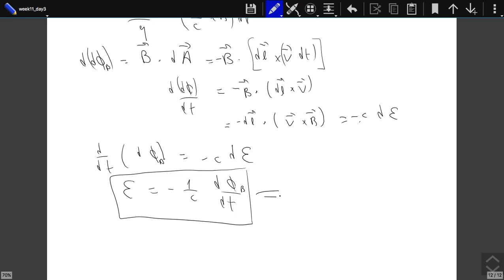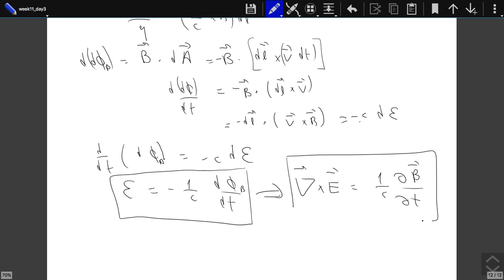And this basically tells us that the curl of E should be equal to minus 1 over c ∂B/∂t. So this is one correction to our equations due to time-changing effects. If B is changing in time, then we have this correction in our equations.